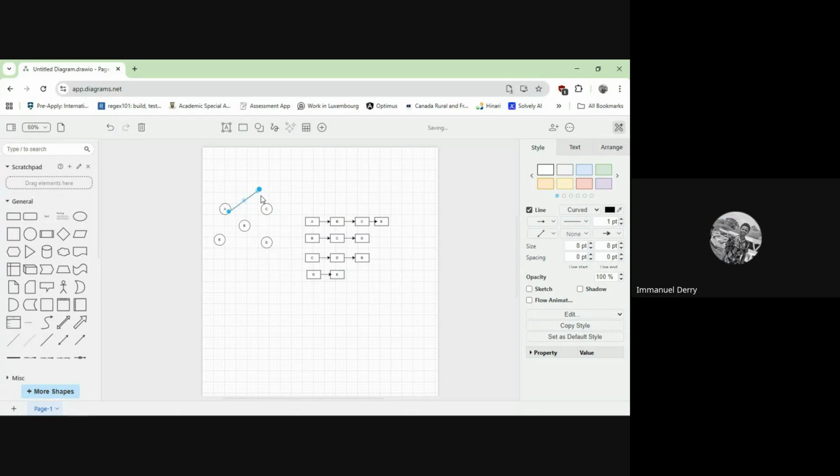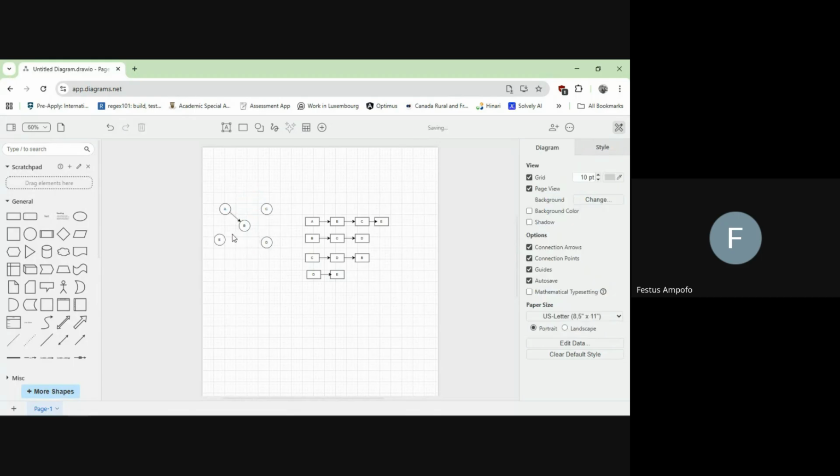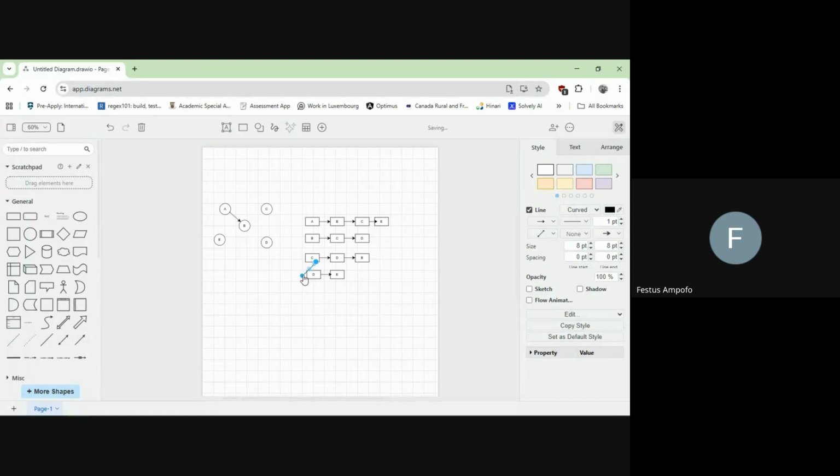A to B, then A to C and A to E, with the same arrows.